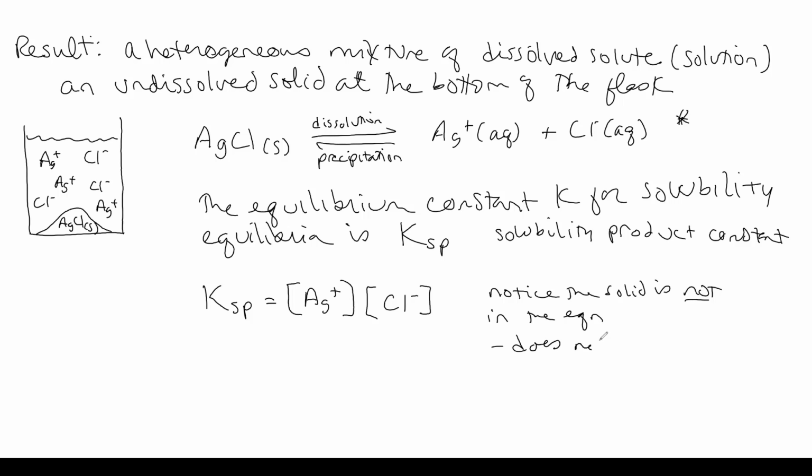Does not affect equilibrium. Go back to chapter 13 if you have forgotten that, because that's something you're going to want to refresh, because we're going to use that, and we're also going to use Q. You're going to see that too.